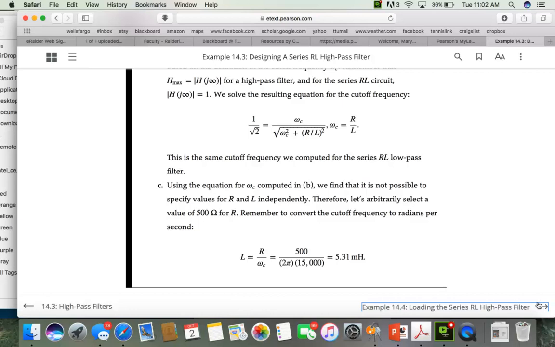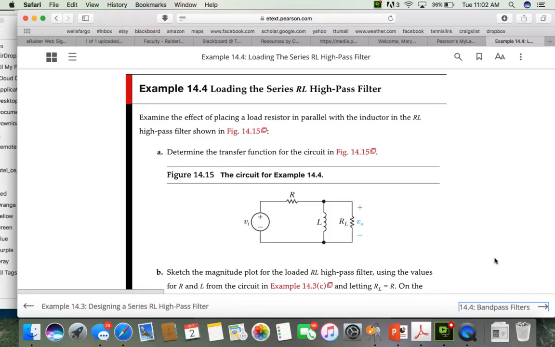Now, filters can be loaded. So typically, when we have an RL filter, that doesn't just exist independently in the universe. We often are applying some signal to some load. So in the real world, you would have your RL filter, but then you would have a load here that's shown by this load resistor that's typically placed in parallel with the output of the inductor.